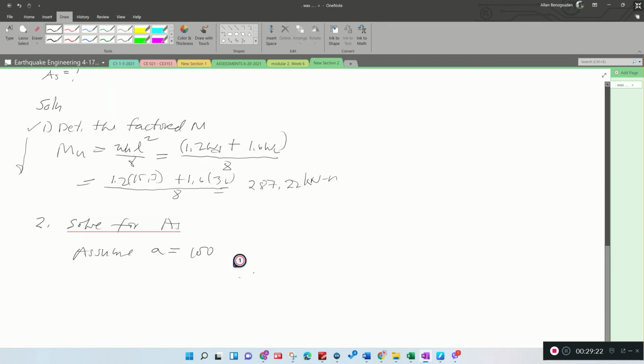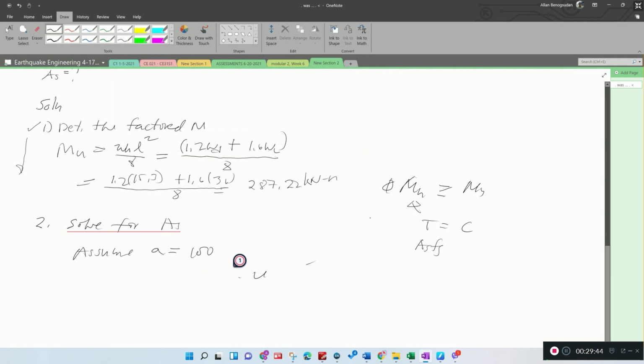Mn is equal to Mu. Mn is from our material. So you have your T is equal to C, and your T is equal to As fy.